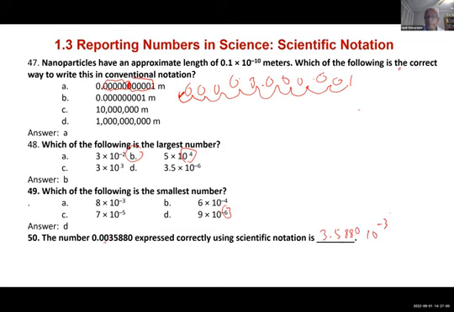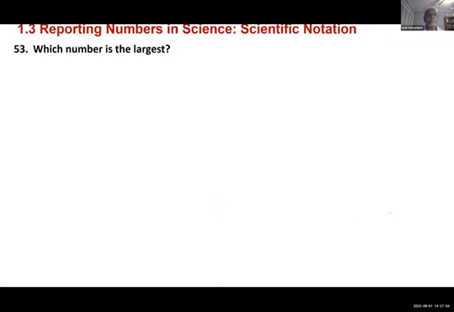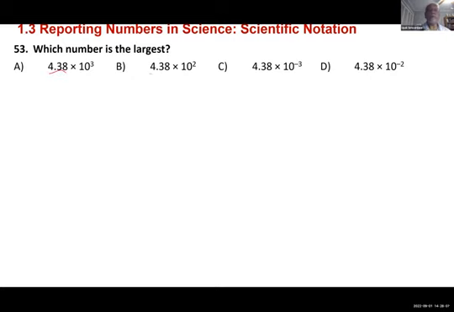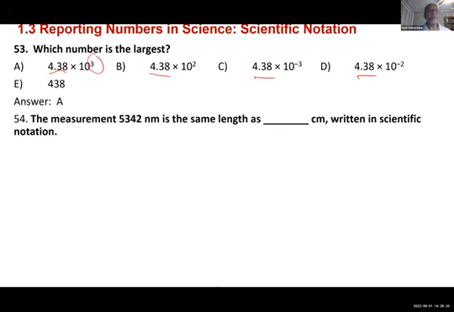So let's see whether we have the answer. So the answer is C. All right. Which number is the largest number? They are all equal numbers. Then the largest number is the one with the largest exponent. Therefore, A is the answer.